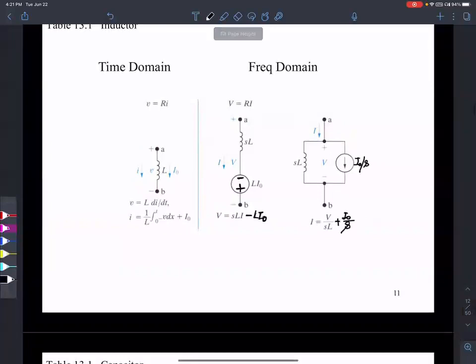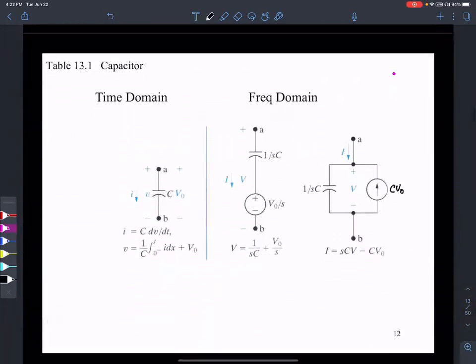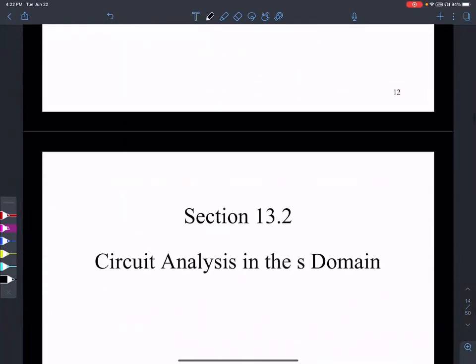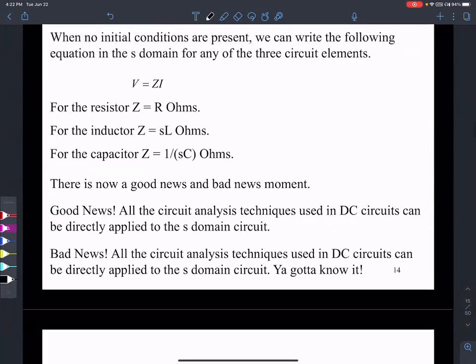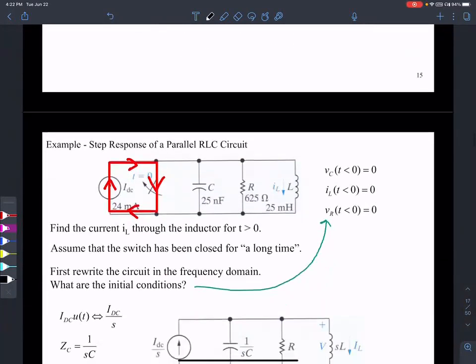All right. So that's about the circuit elements: the resistance, inductance, and capacitance in the frequency domain. When it comes to applying these, that's straightforward.